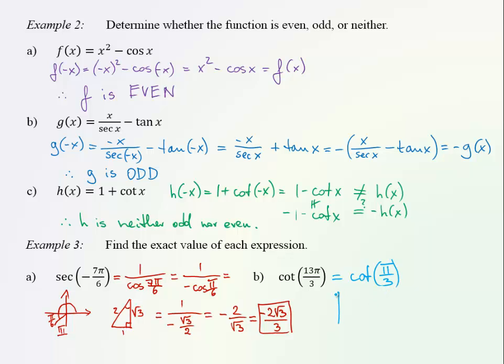And again, referring to the special triangle 1, 2, root 3, pi over 3 is this angle. So cotangent is 1 over root 3. And after rationalization, that will be root 3 over 3 as our final answer.